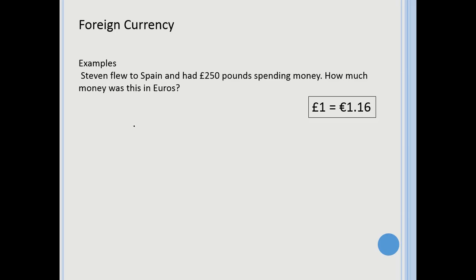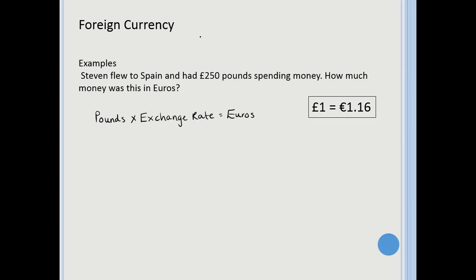So I like to write it out first: pounds times exchange rate equals, in this case, euros.